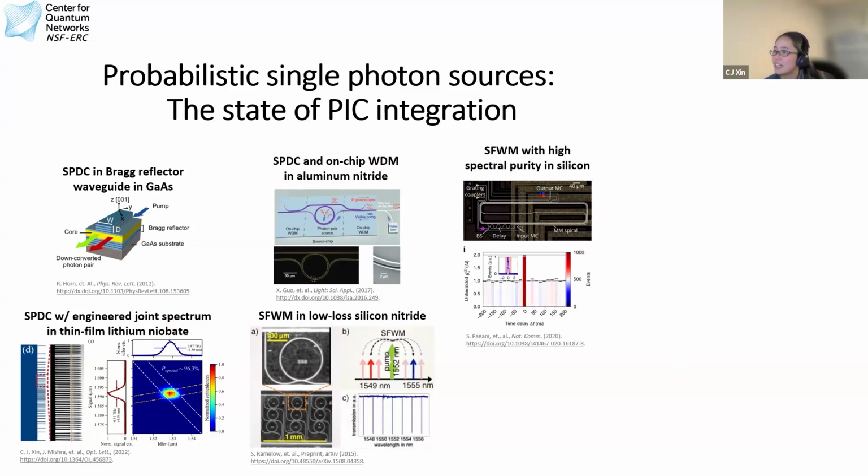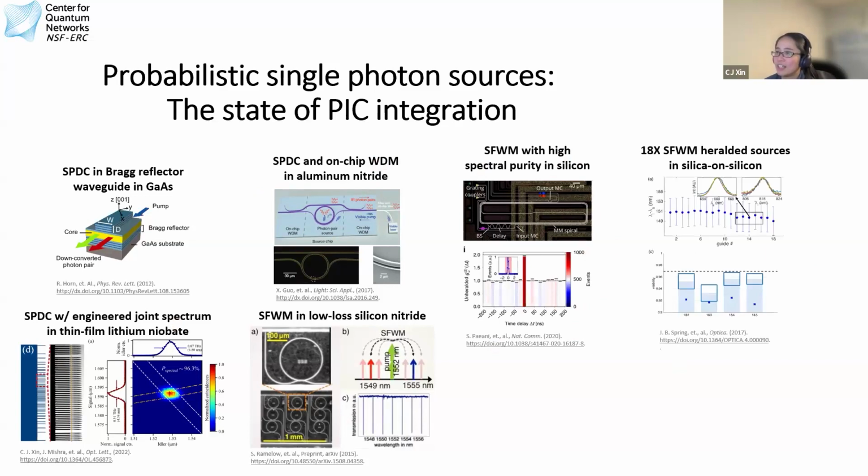And finally, it's kind of debatable whether you would count this as integrated or not. But people have been able to make arrays of up to 18 on silicon, and then they picked 5 of them and interfered them, and the interference visibilities were okay.